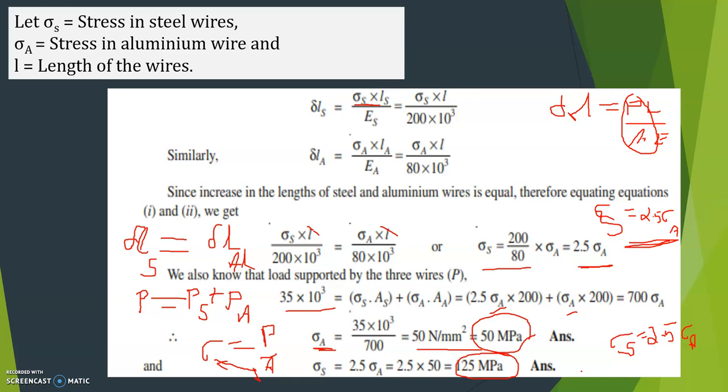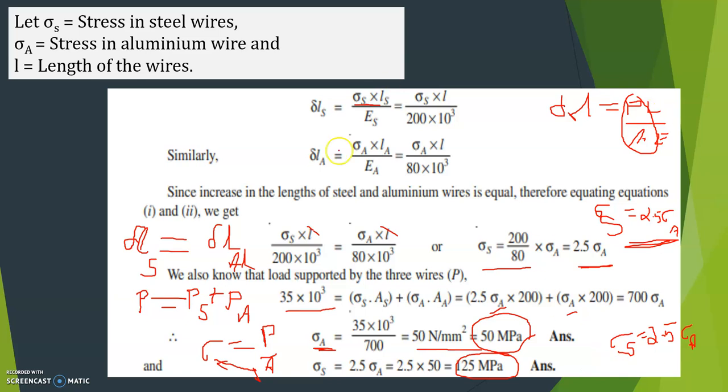In this way, you can calculate the stresses developed in the steel bar and aluminium bar. Mainly you have to remember two points. The first point is that deformations are equal, and the second point is that the total load is equal to P1 plus P2, or if it is steel, PS plus P aluminium, which is PA. Once you know that, you can equate the equations.